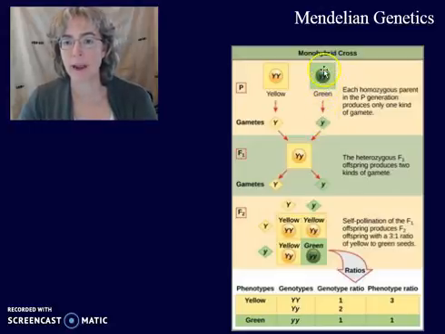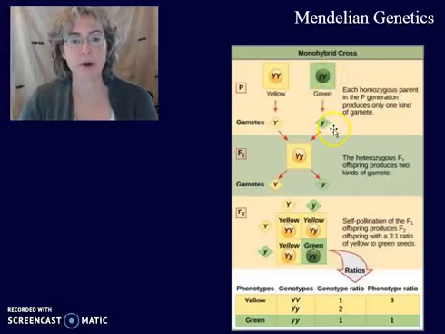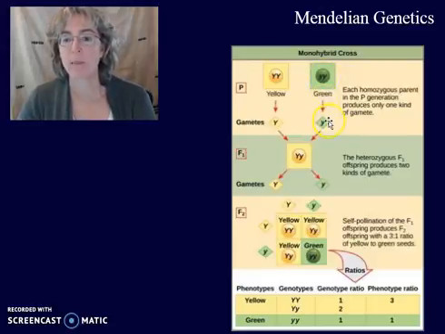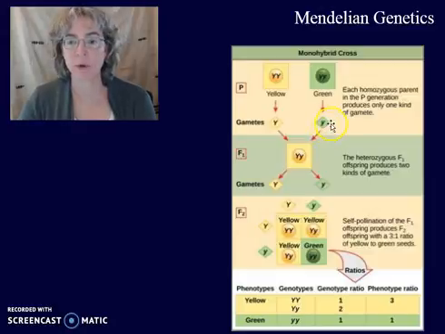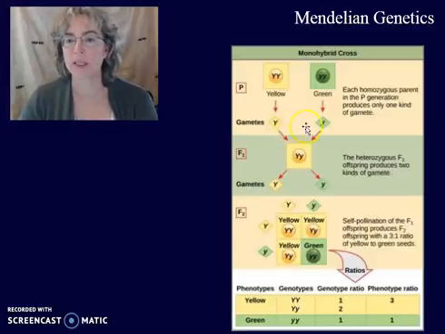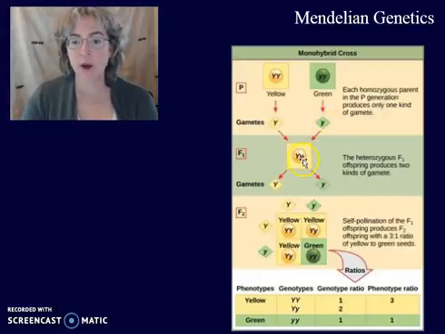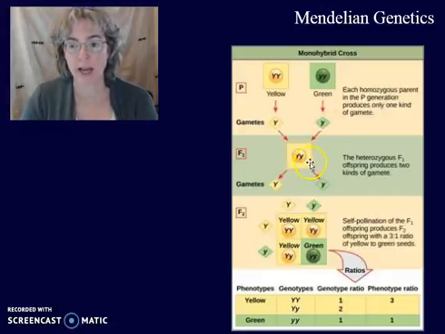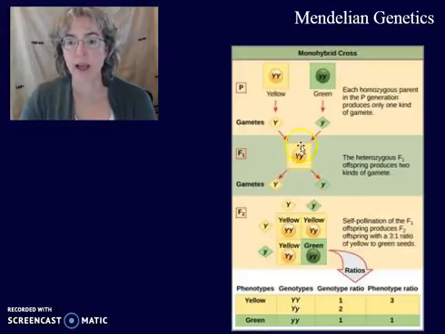And all of the gametes that this individual can produce are all going to have a recessive allele. And in this case, we're going to represent it with a lowercase y. All of these individuals are going to have uppercase Y gametes, so all dominant alleles. When these gametes come together in fertilization, we're going to get our heterozygous F1 generation, and all of the offspring are going to be heterozygous.